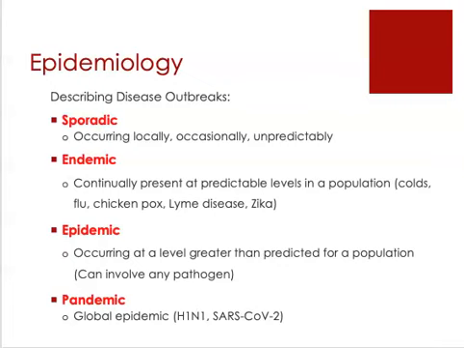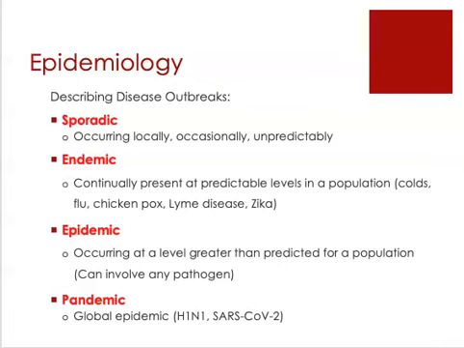The term sporadic, for example, refers to the outbreak of a disease that is occurring locally, occasionally, and unpredictably. For example, there might be a sporadic outbreak of food poisoning that could happen, let's say, at a convention in a dining hall.